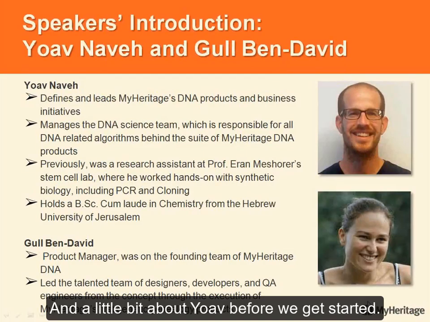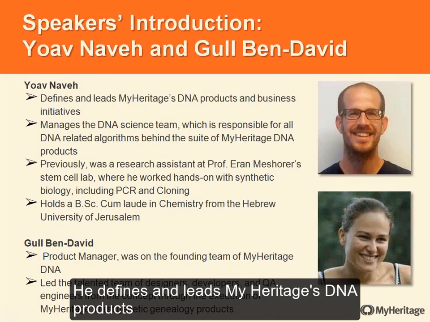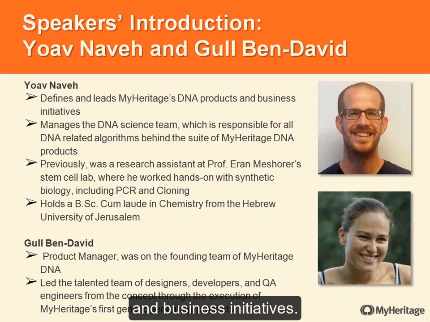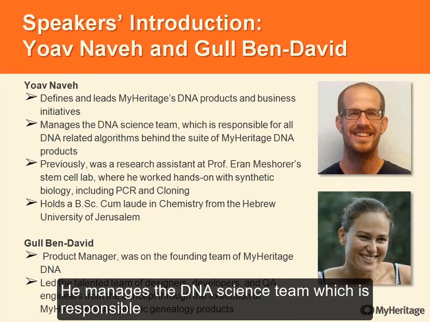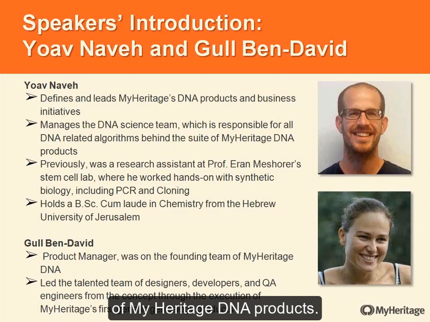And a little bit about Yoav before we get started. I'm pleased to introduce him to you today. He defines and leads MyHeritage's DNA products and business initiatives. He manages the DNA science team, which is responsible for all DNA-related algorithms behind the suite of MyHeritage DNA products.